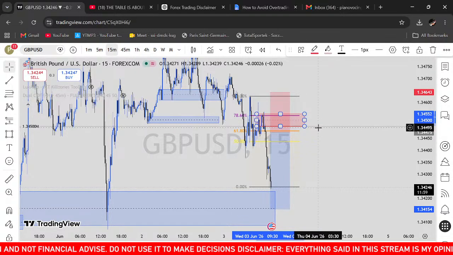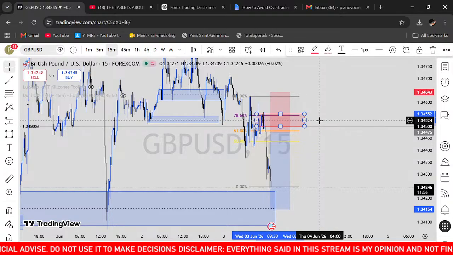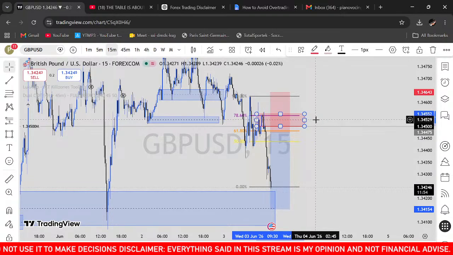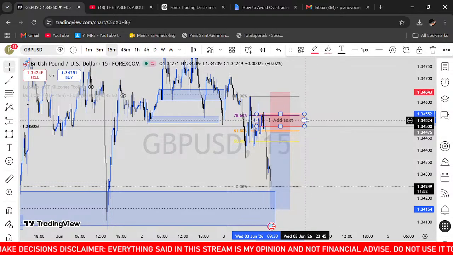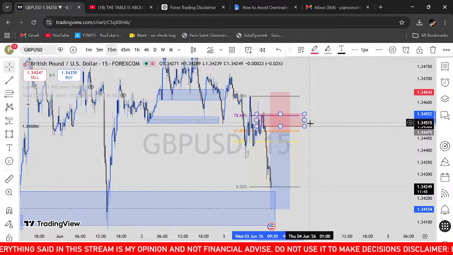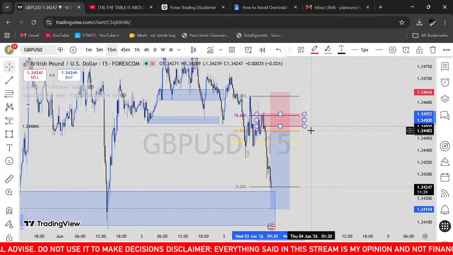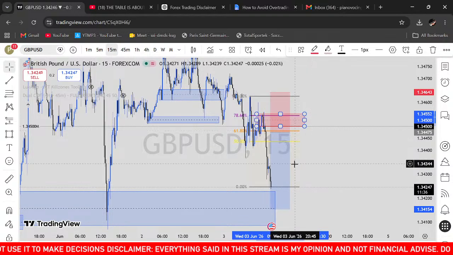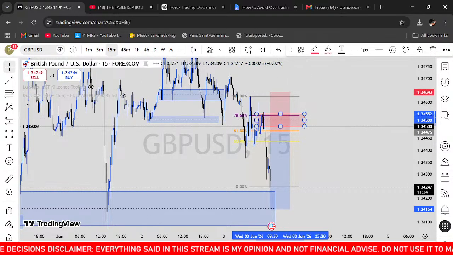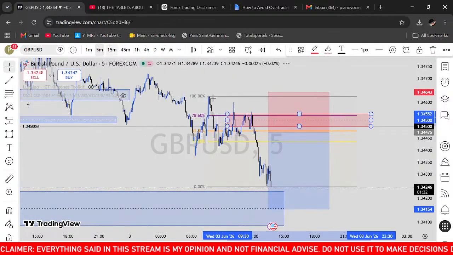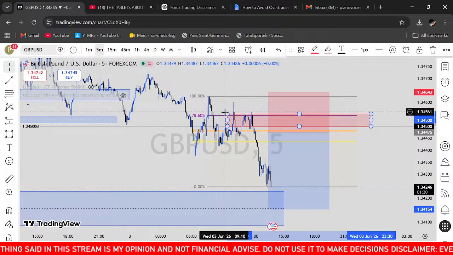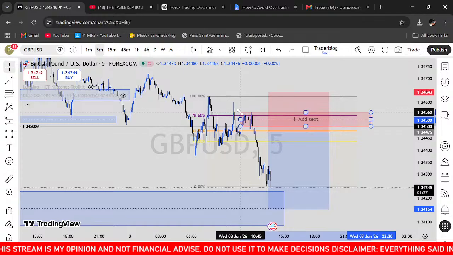1.34500. That should be your second entry. No, make your second entry 1.34525. And then your first entry should be around 1.3448, right? Very good. So these are the zones, the areas that we are interested in. I'm interested in this area.